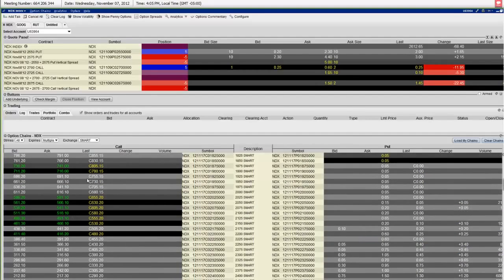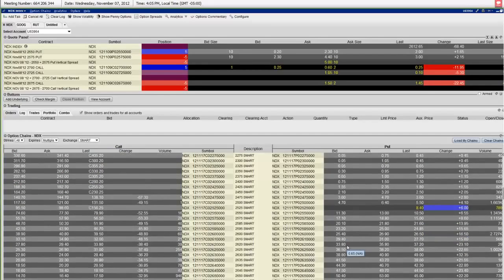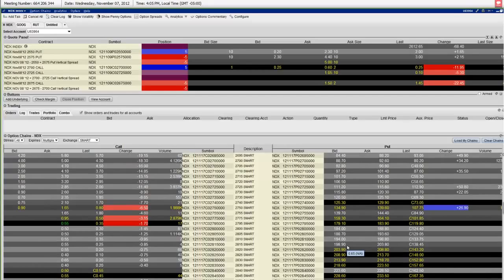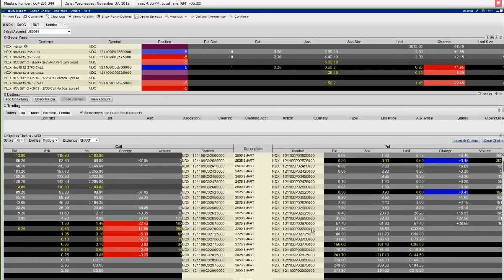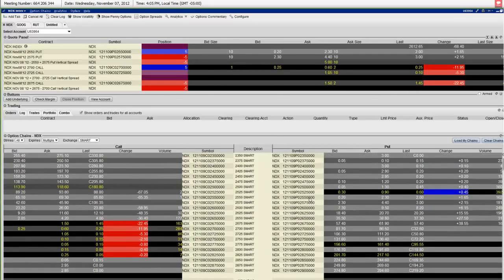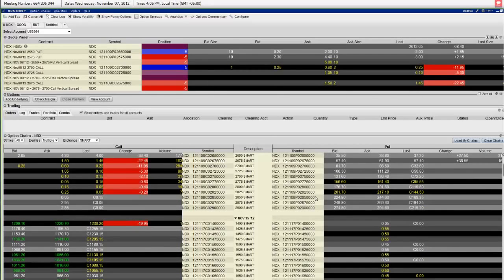But over here to the left are the calls, and these are the puts. And if you go here, you'll see that around where the market action is today, all these different prices. So this is where you get your prices from. These are spreads up in here. I don't want to get too complicated.